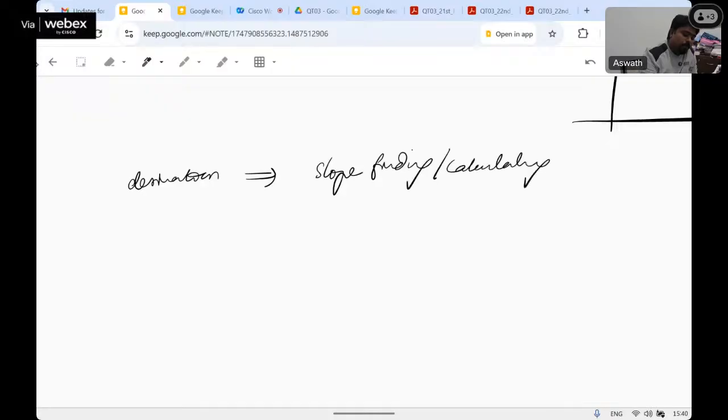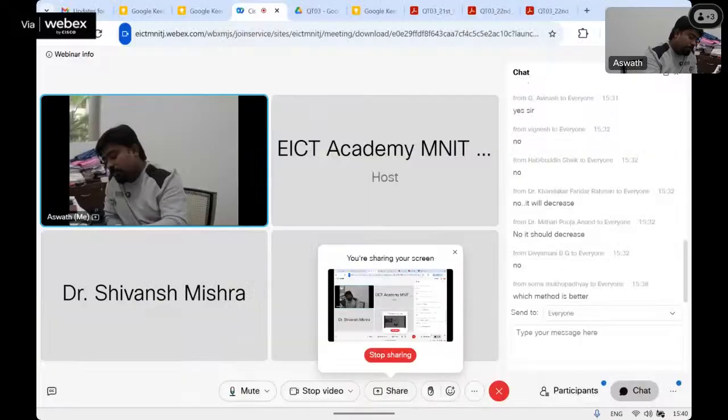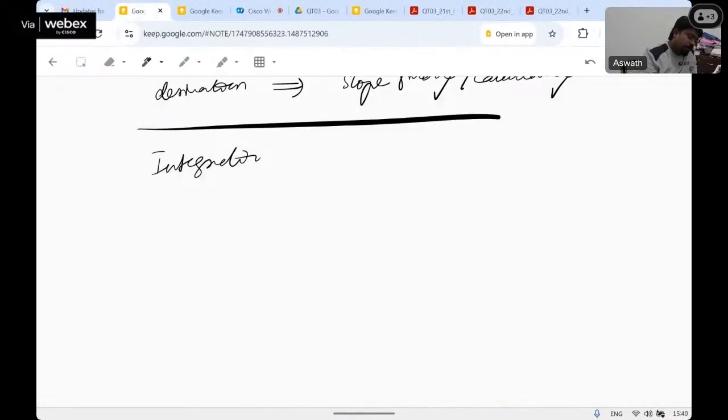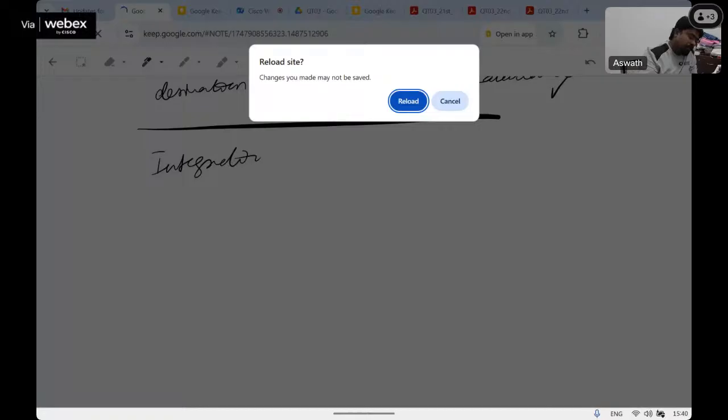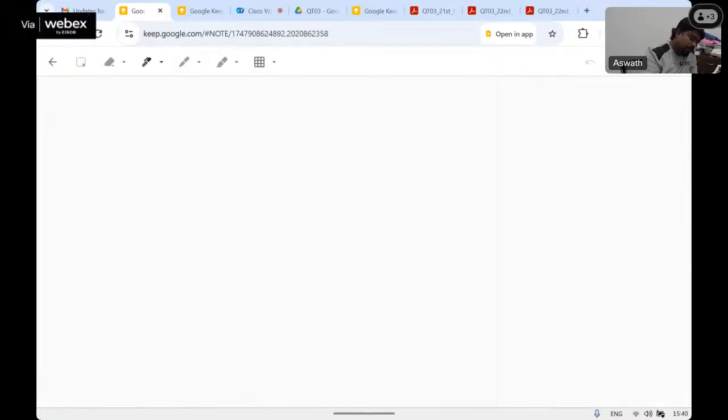Right. But what is integration? Integration is the opposite of it. Basically, if I have a function, let's say a curve, let me take a curve like this.